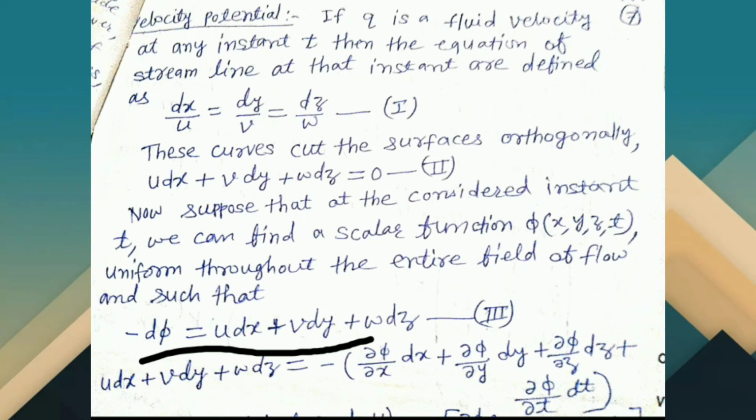Minus d phi is minus, in bracket, dou phi by dou x dx plus dou phi by dou y into dy plus dou phi by dou z into dz plus dou phi by dou t into dt. And this is u dx plus v dy plus w dz, as it is here.